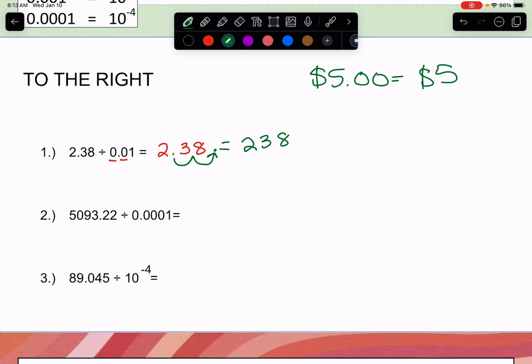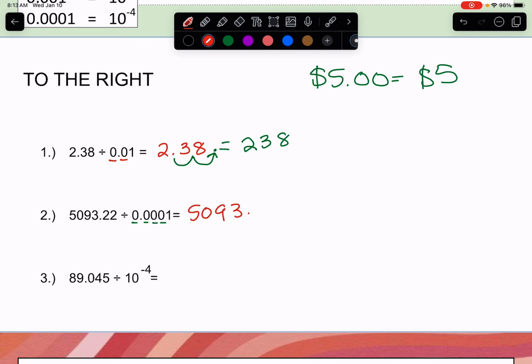Okay, next question. We have 5,093 and 2/100ths divided by 1/10,000ths. So let's count our zeros. We have 1, 2, 3, 4. So that means we will be moving our decimal 4 times.